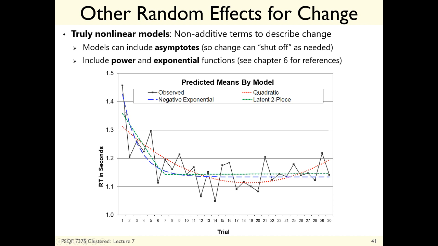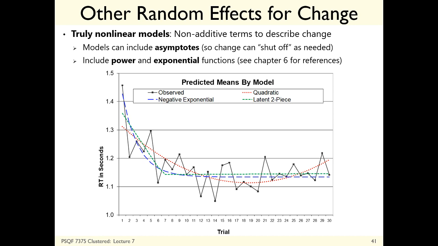This is slide 41. This shows the fit of a quadratic model, which is red, to response times across 30 trials. A latent two-piece model, that's the green line where the computer algorithm decided where the knot was. And then this other one, which is blue, which is a negative exponential. So the negative exponential, the blue line, that is what's known as a truly nonlinear model because it has an exponent in it.